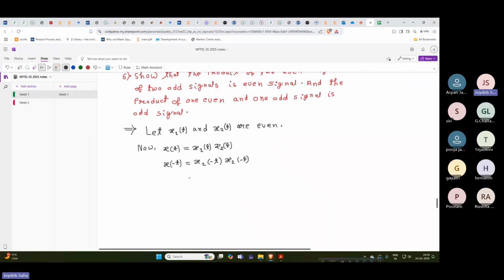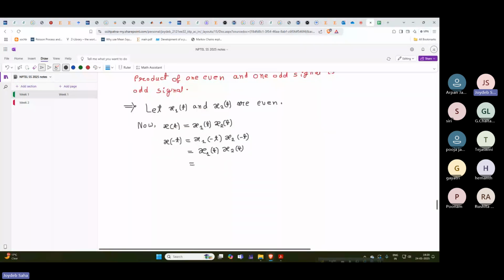And as x1(t) and x2(t) are even, it will be simply x1(t) multiplied with x2(t), which is equal to x(t). So it is proven that x(t) is even.